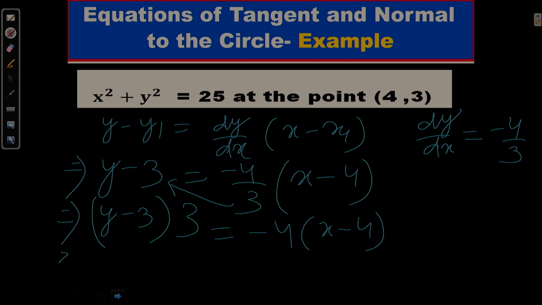When we simplify, we get 3y minus 9 equals minus 4x plus 16.